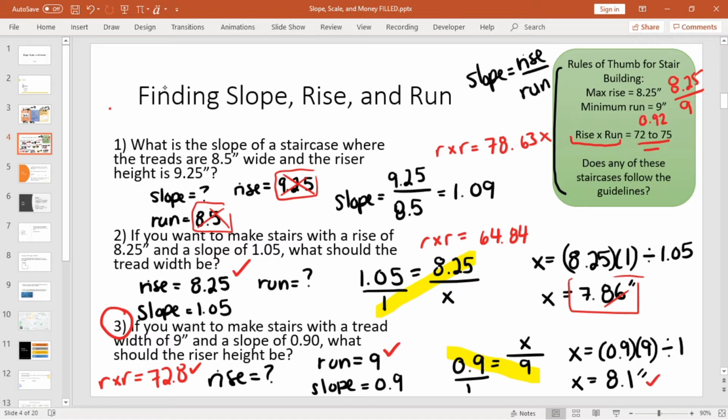And our first 2 staircases had the wrong slope anyway, 1.09, 1.05. Those were too high. Am I going to quiz you on rise and run of a staircase, like the stuff in the green here? No, but I do expect you to be able to take a slope, a rise and run, any 2 of those, and find the 3rd measurement.